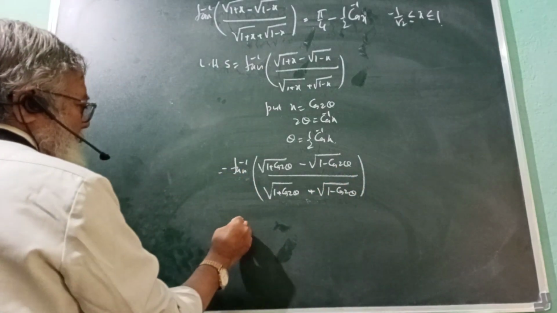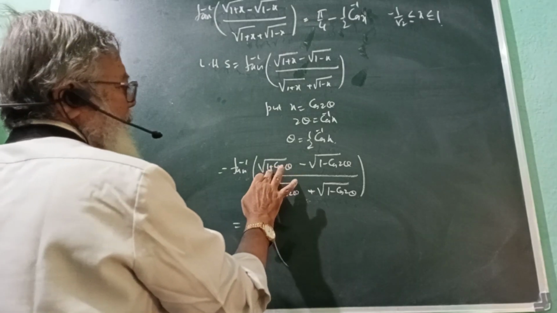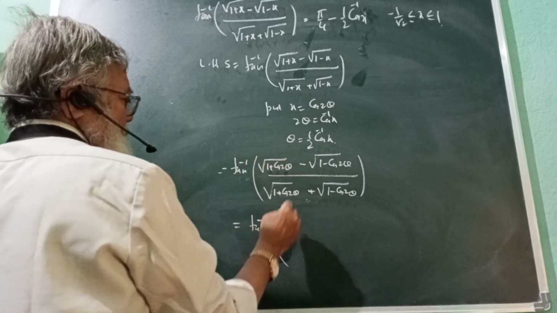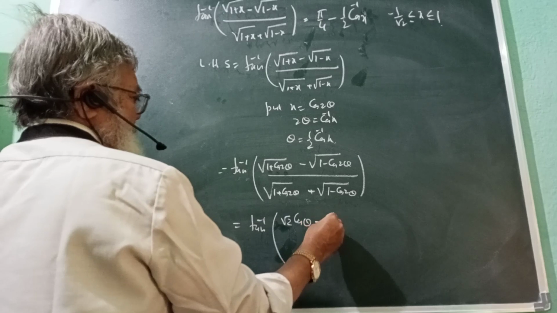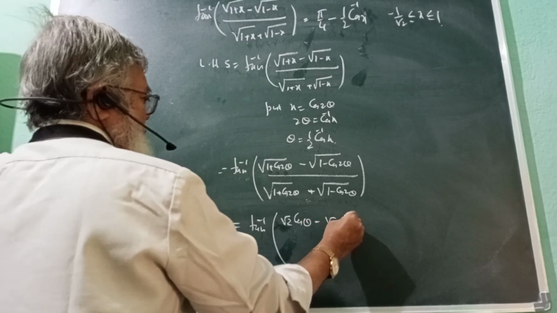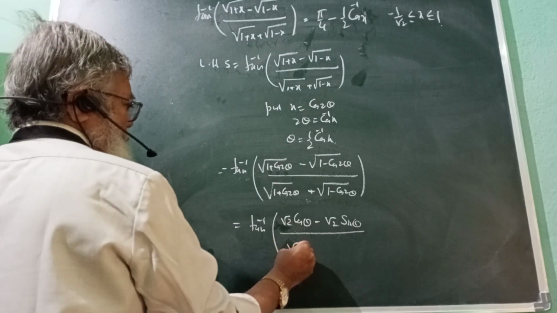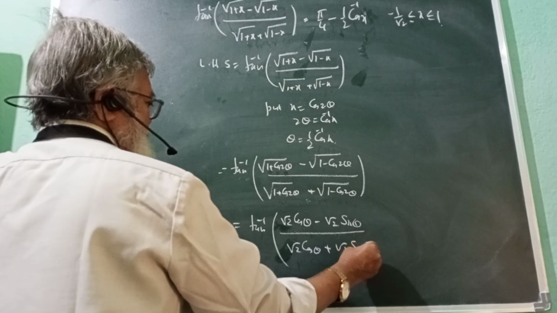That is equal to tan inverse of, this is nothing but 2 cos square theta, and if the root is removed it is root 2 cos theta minus root 2 sin theta divided by root 2 cos theta plus root 2 sin theta.